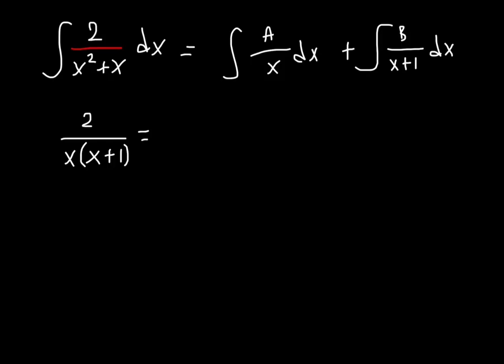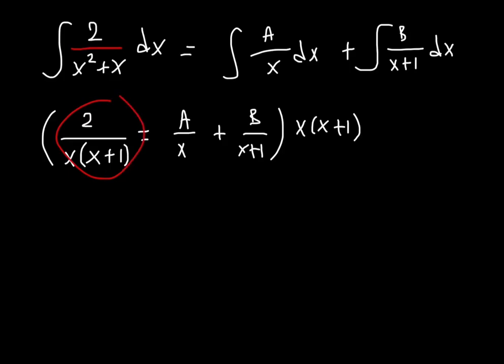So we're solving for a and b. So a over x plus b over x plus 1. Now to solve it, what I'm going to do is multiply the whole thing by x times x plus 1, the common denominator. So if I multiply to this over here, these cancel out.